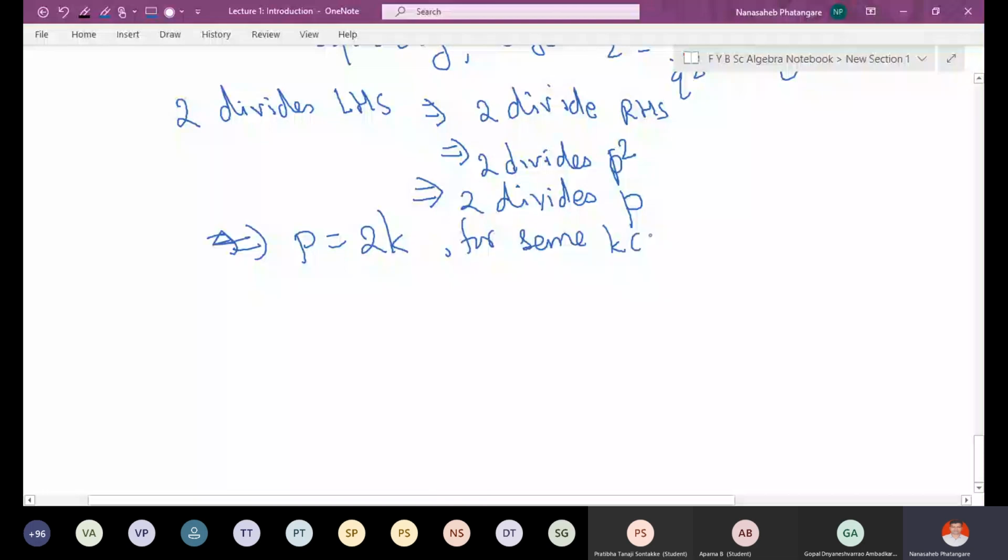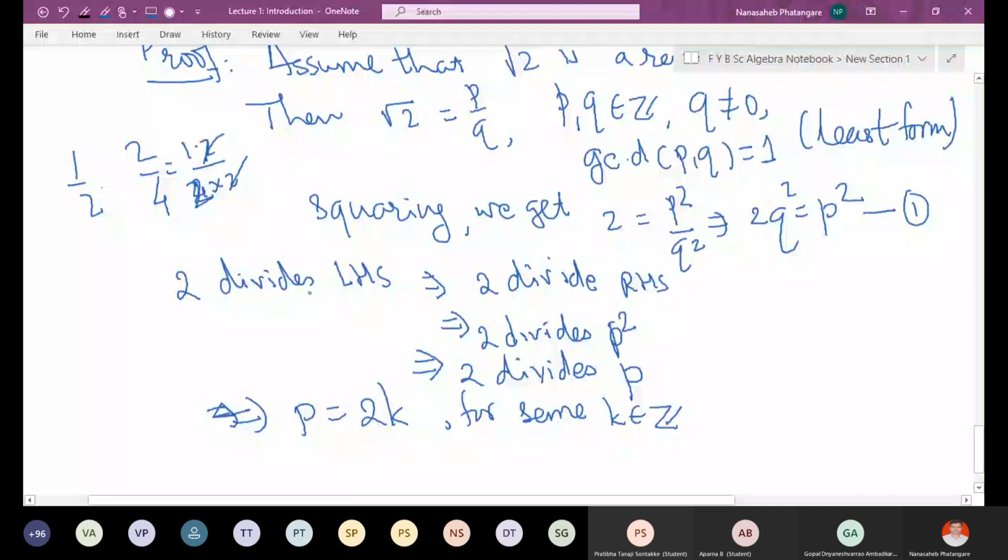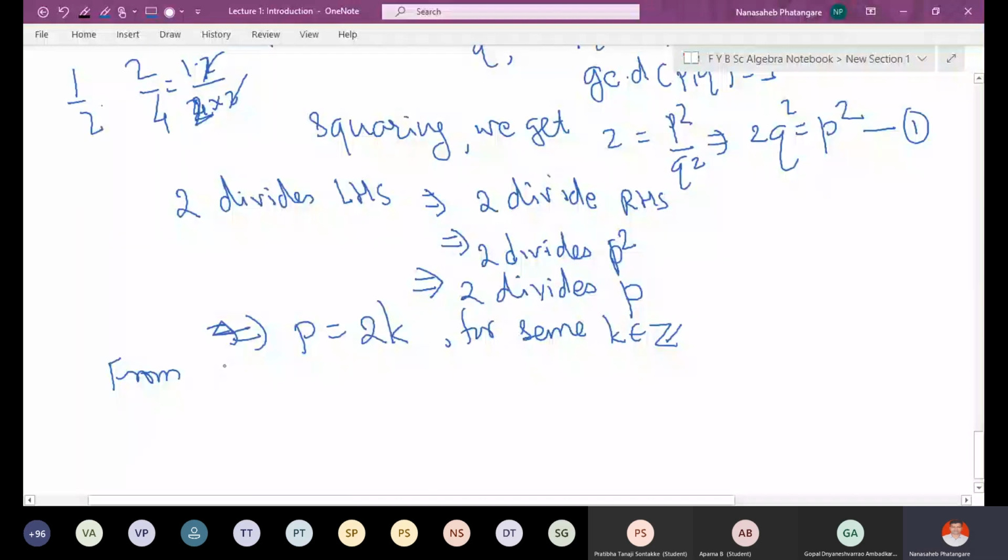So from expression 1, 2q square is equal to p square, but p is 2k, so it is 2 square k square. That means 2q square is equal to 4 times k square, but we can cancel 2 because the multiplicative inverse of 2 exists.